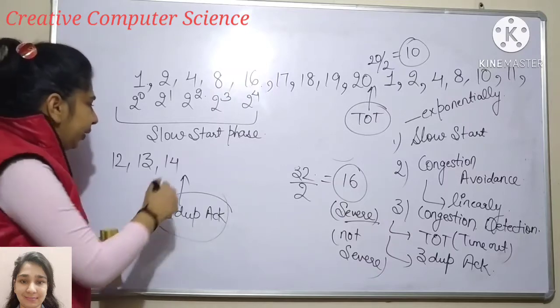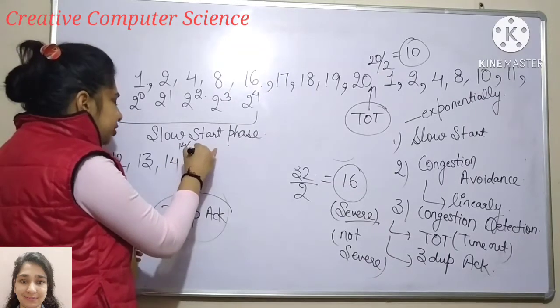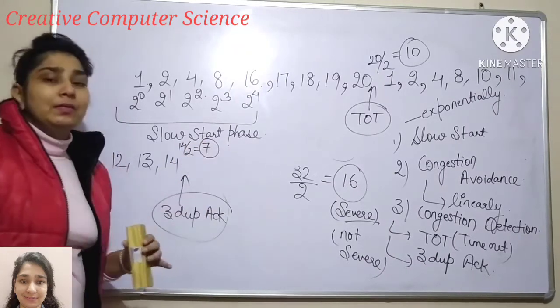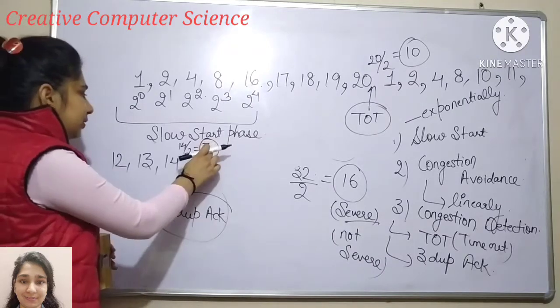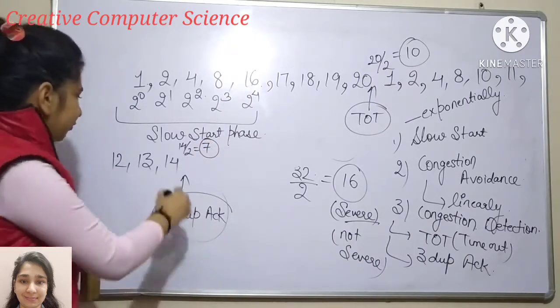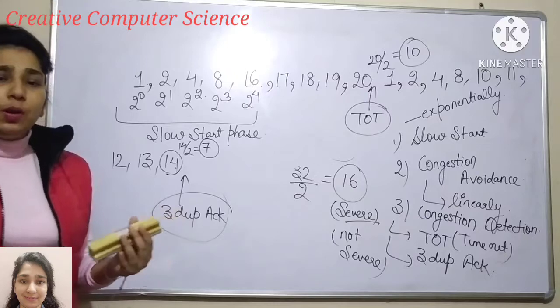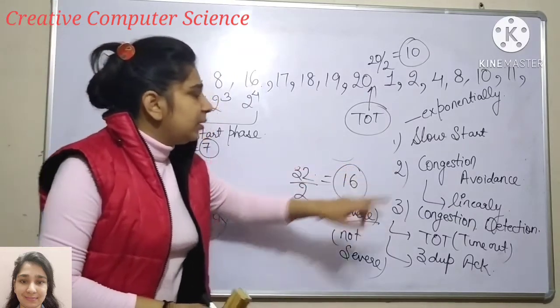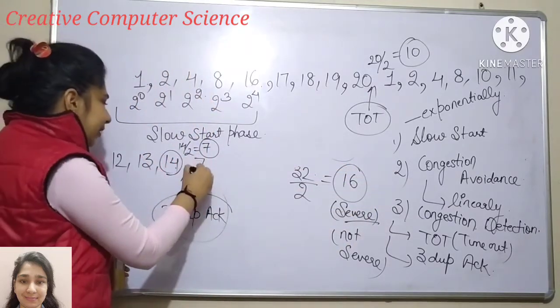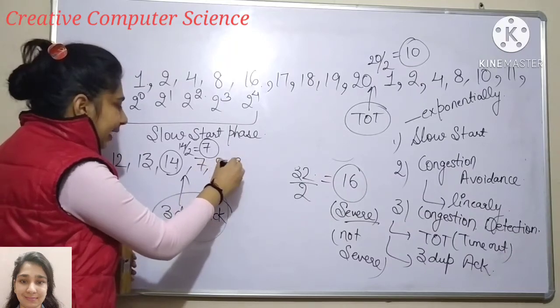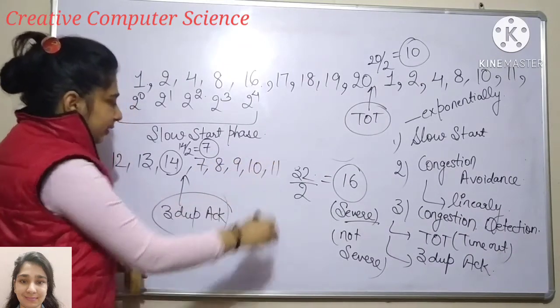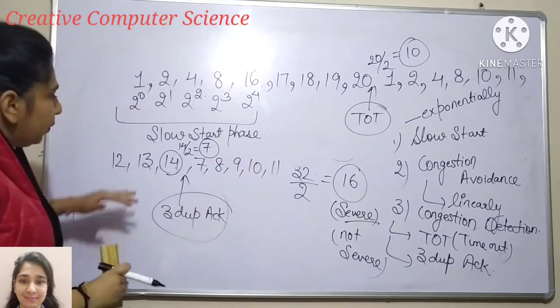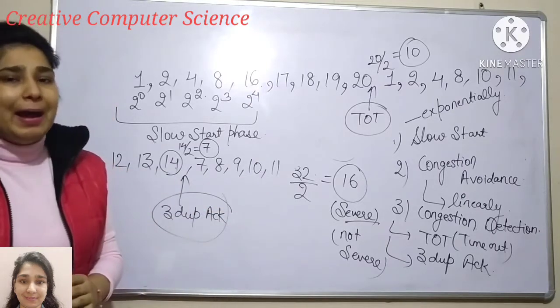So just find the new threshold value, 14 by 2, which is 7. Then you move to step number 2, like 7, 8, 9, 10, 11. This way we keep sending packets.